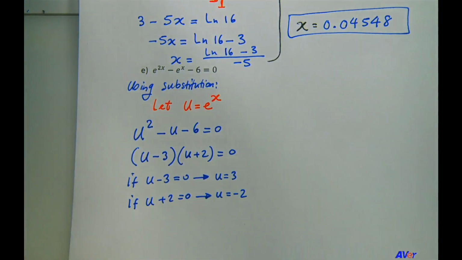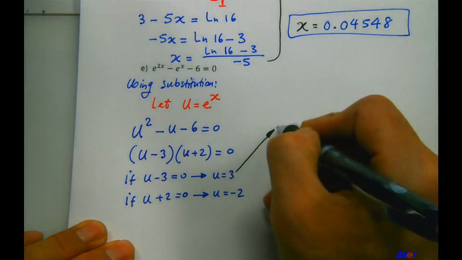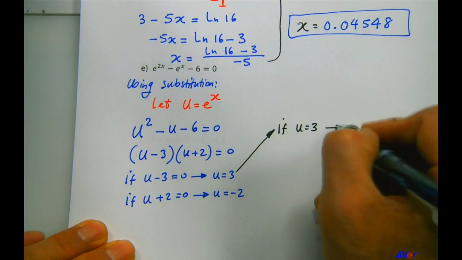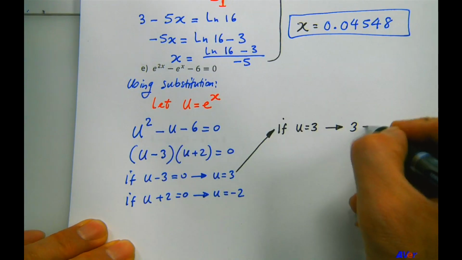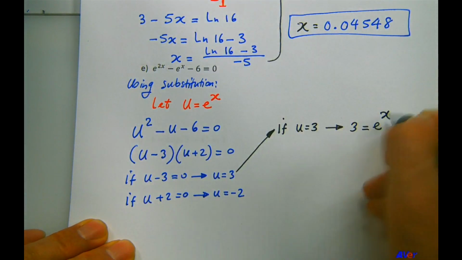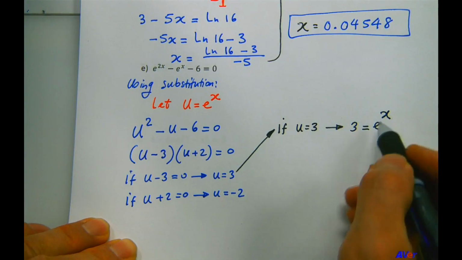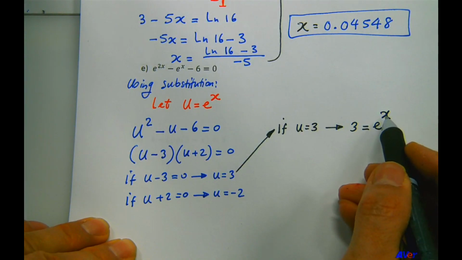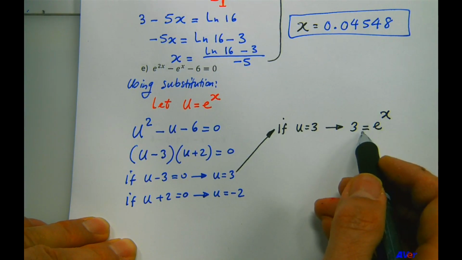So what I mean is this. Now, from here, if u equals 3, then 3 is equal to e to the x. Right? So we're solving for x. x is in the exponent. As long as it's part of the exponent, we cannot solve for it. What should we do then? We need to involve natural log.